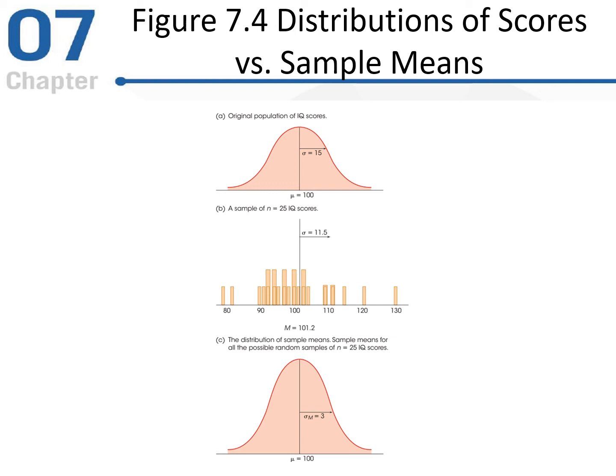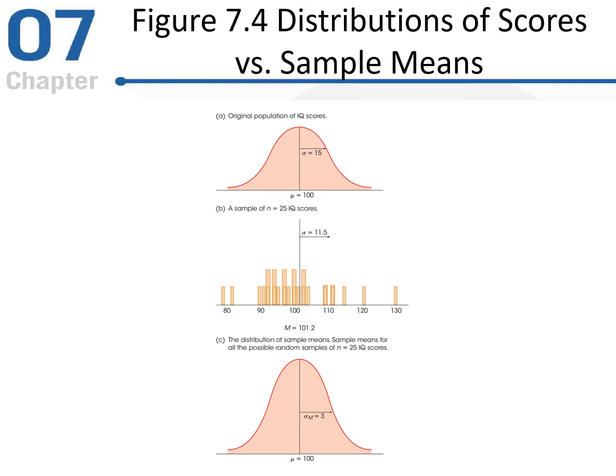Here's a situation where we're looking at the original population of IQ scores. Once again, the mean of the IQ is 100 and the standard deviation is 15. And now we took a sample of 25 IQ scores from that population. So I took a random sample of 25 scores. I calculated the mean, and the mean of those 25 scores is 101.2.